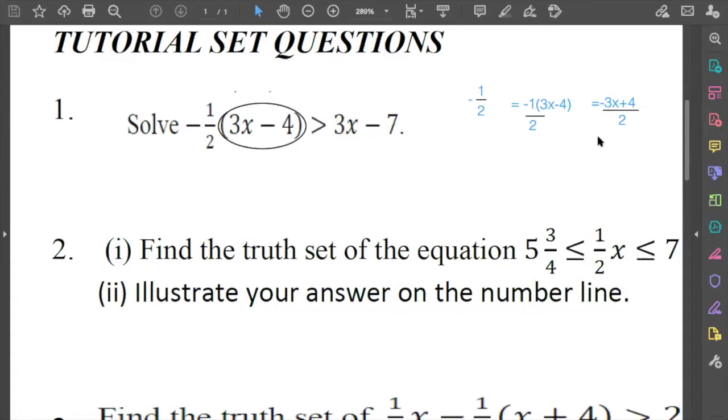So now we have simplified the left-hand side. Now let's move on to the right-hand side. Yes, please, in school, we were taught to multiply the fraction by the LCM.